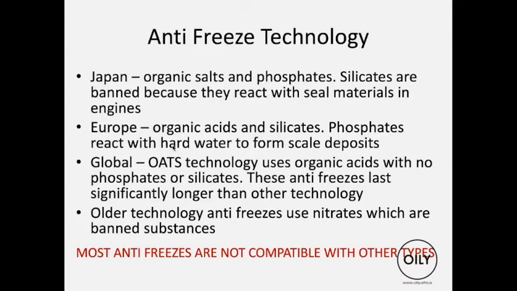Europeans will use pipes and hoses that are compatible with silicates and organic acids. And so you get that incompatibility between the basic engine components from a Japanese vehicle using a European antifreeze, or a European vehicle using a Japanese antifreeze.